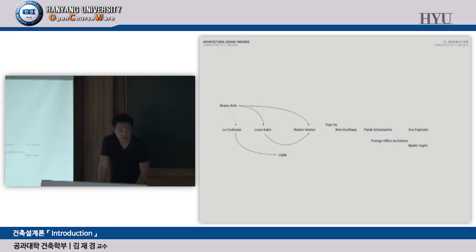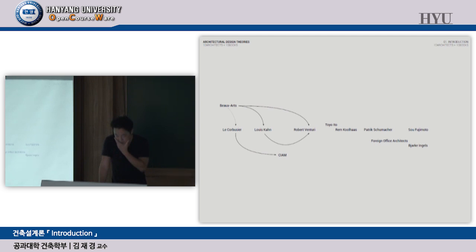And Le Corbusier was a founding member of CIAM. Do you guys know CIAM, right? I think it's an abbreviation of French words, but in English it is International Congress of Modern Architecture.